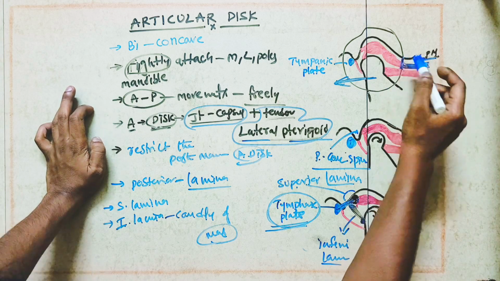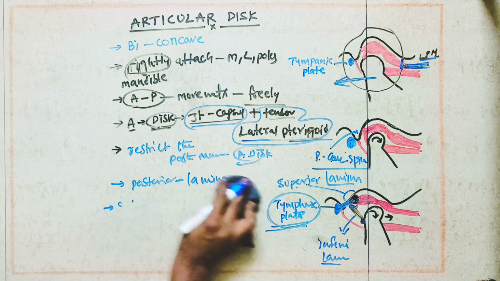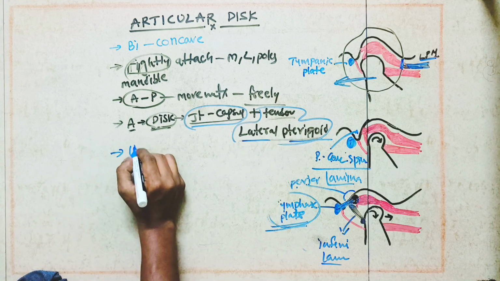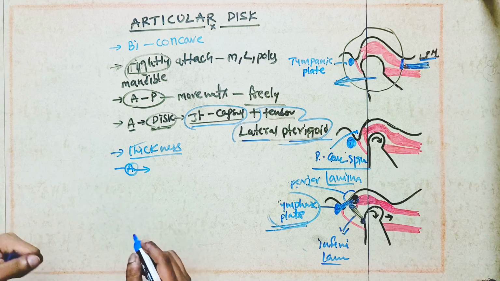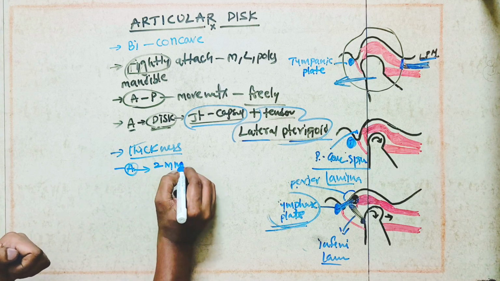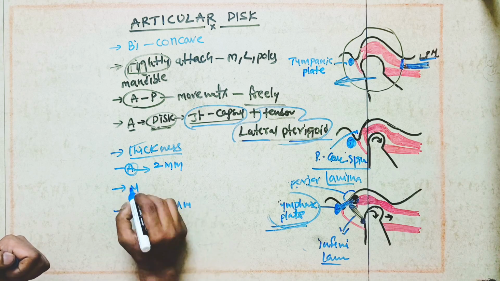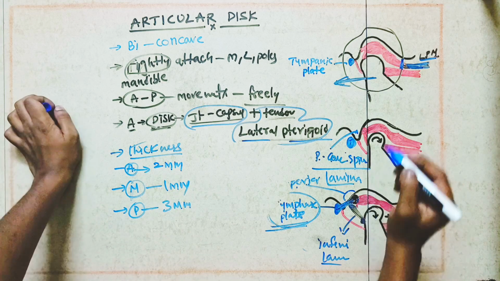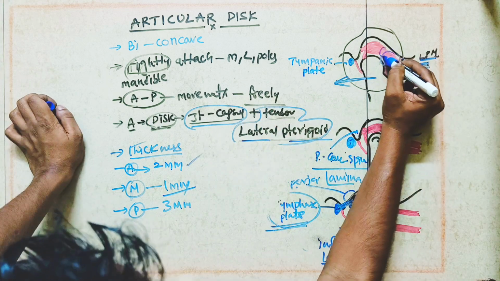The anterior connections are the joint capsule and lateral pterygoid muscle. And the last point, thickness. The anterior portion of the articular disc is 2 millimeter thick, the posterior portion is 3 millimeter, and the middle portion is only 1 millimeter.